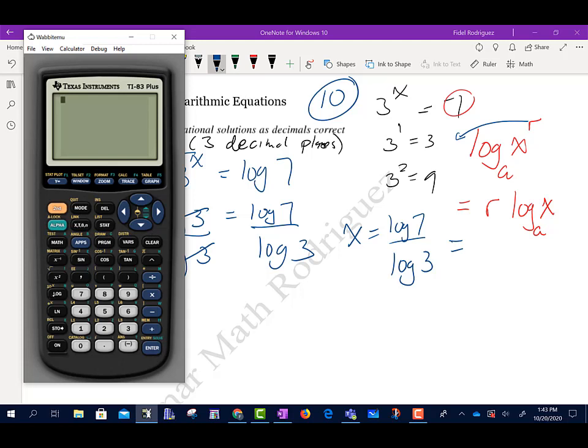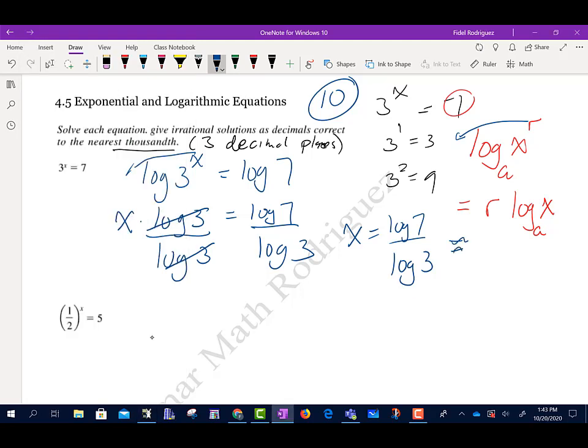I'm going to type in exactly what I wrote down: the log of 7, close off your parentheses, divided by the log of 3, close off your parentheses, hit equals. We're going to go to 3 decimal places. So my approximated answer is 1.771. Okay, so approximately 1.771, and we are done.